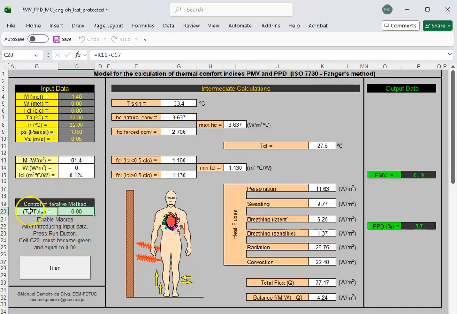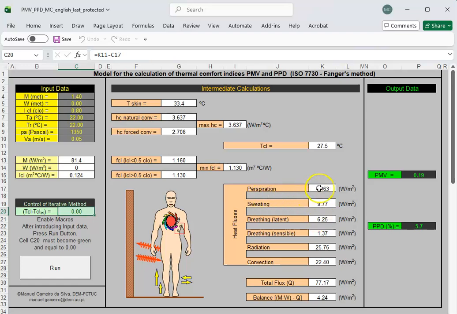Once we apply the iterative method and we know the external temperature of the clothing, we are in conditions of calculating all the heat fluxes released by the human body. So we have perspiration, sweating, the breathing latent part, and the breathing sensible part, and finally the dominant ones usually are radiation and convection.